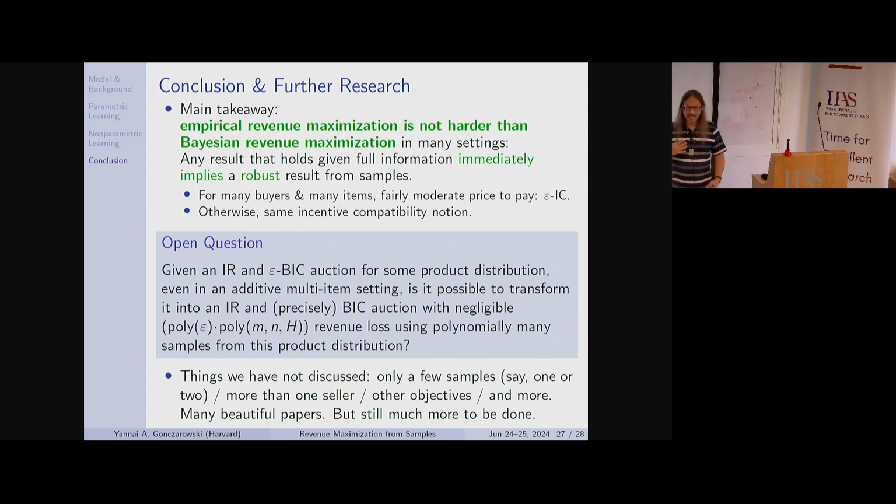Can we design such a mechanism only with sample access to the distributions from which the sellers and buyers are drawn? There are also several papers on that, one of which is, again, my own with Moshe and also Kira Goldner.